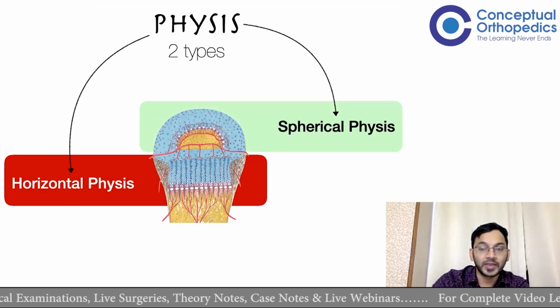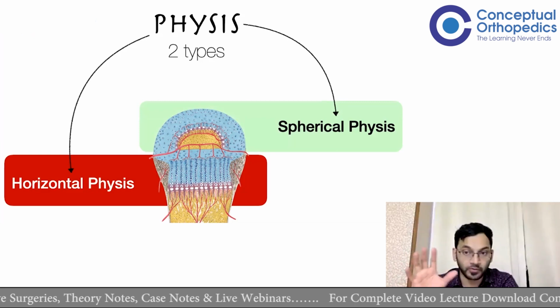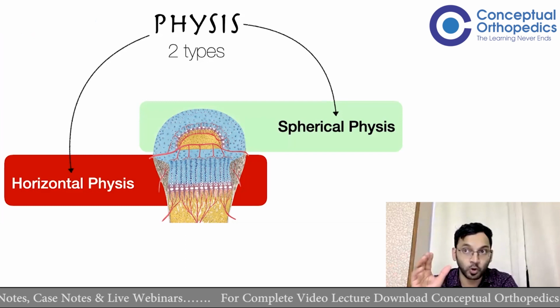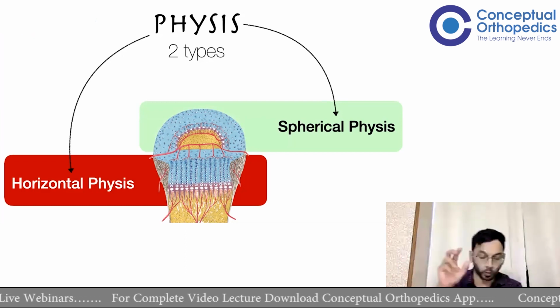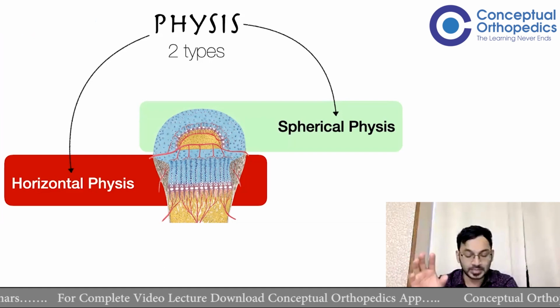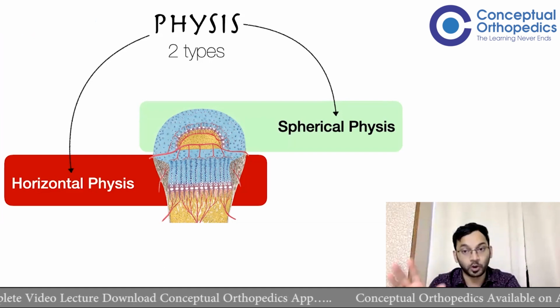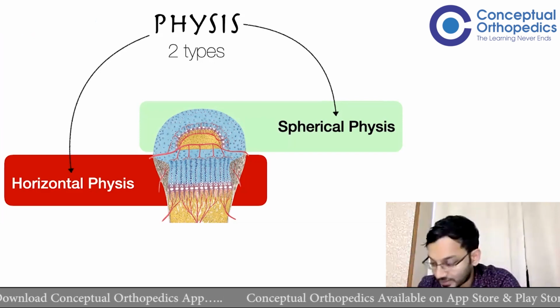Now, the spherical physis is a less organized sort of a physis, and this is involved for the growth of the epiphysis alone. Okay. Now, this is less organized, and that is why we are not going to be talking much about the spherical physis.